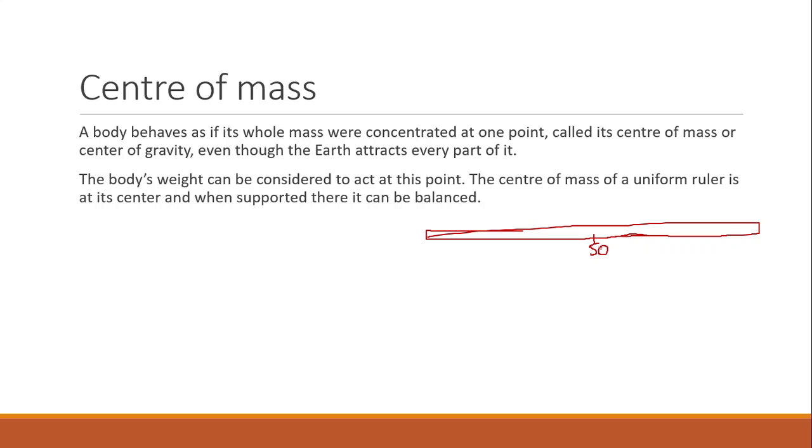If we recall the concepts from our turning effect, it's very easy to find a pivot point over here and balance it. Even if you put a finger over here, it will be balanced, because you are giving it a reaction force upwards that is balancing the weight force downwards. That's why the ruler is balanced. You are giving the reaction force at exactly the center of mass, so they balance out. There isn't any turning effect.